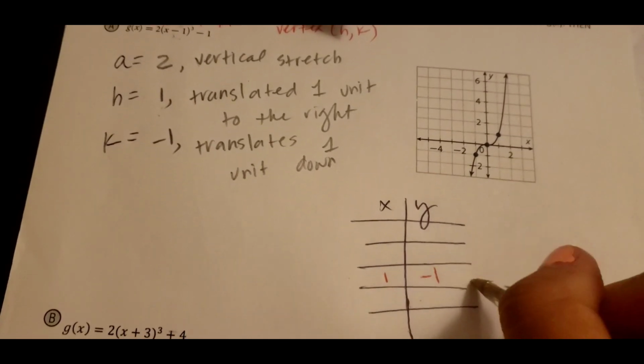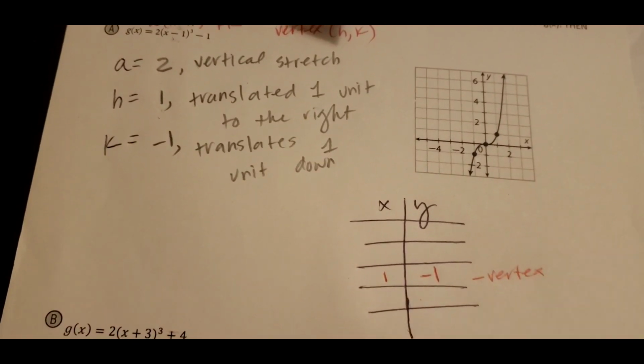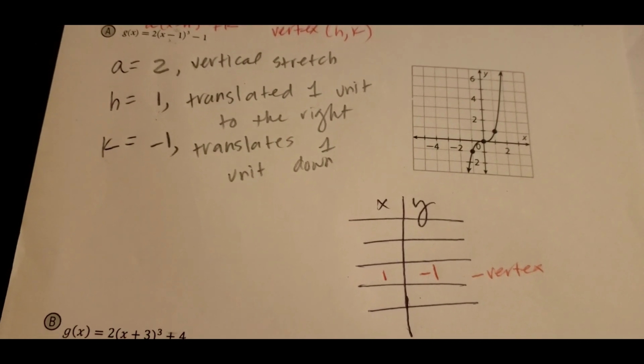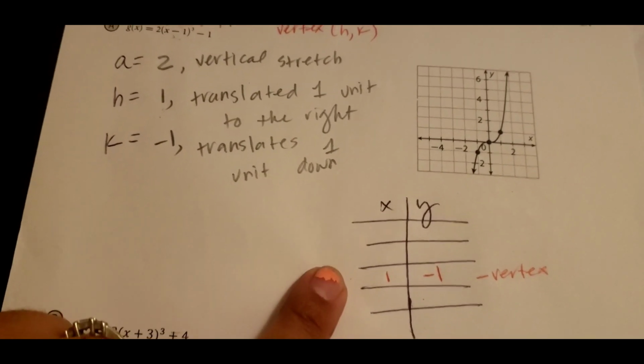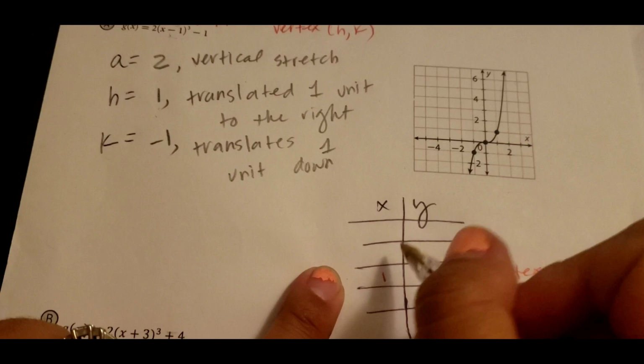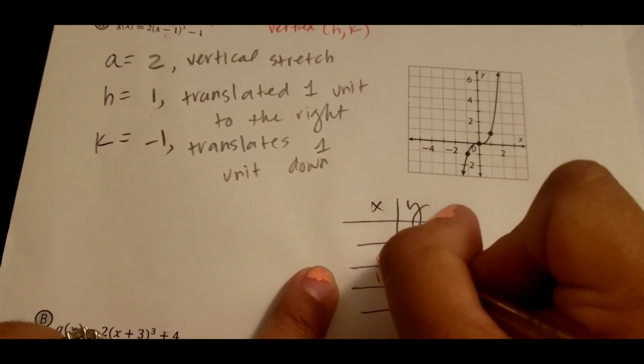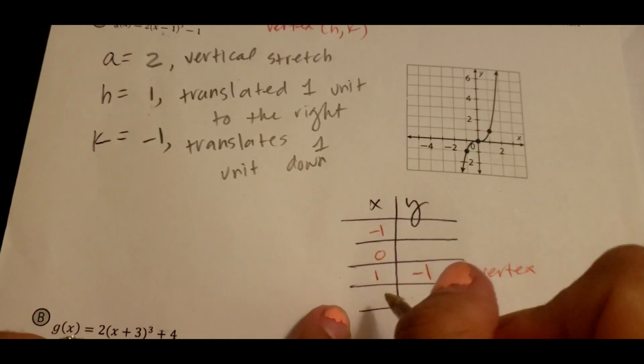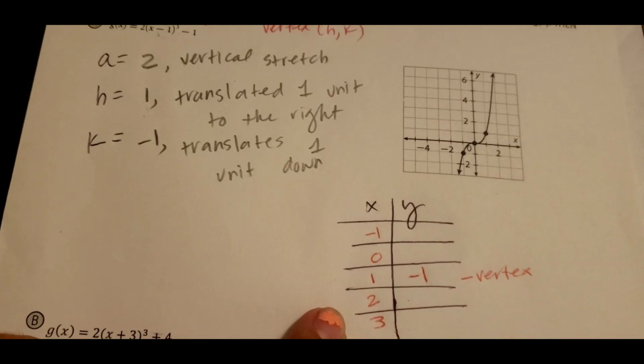That's our vertex. And then that kind of gives me an idea of what other points to plot. So I'm going to move to the left. So moving to the left, I'm going to put 0 and then negative 1, and then I'm going to move to the right, so 2 and 3, okay?